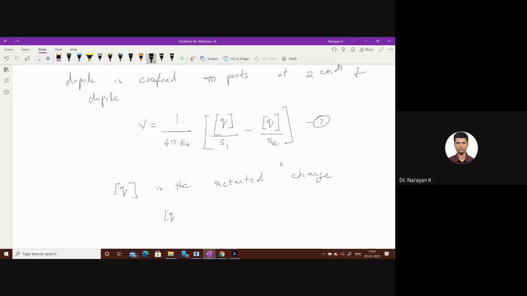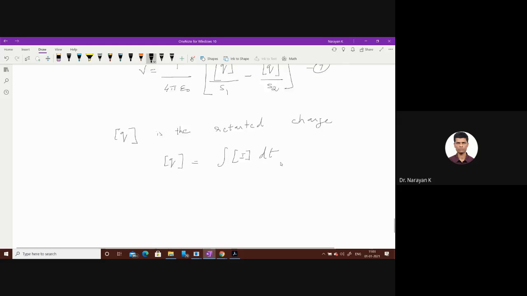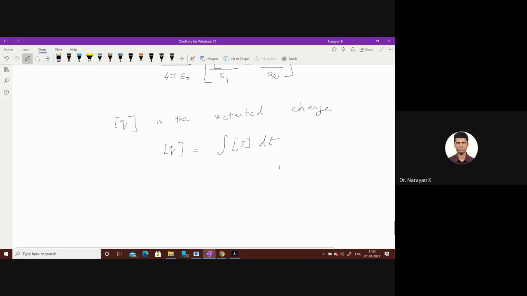So your retarded charge q can be written as integration of retarded current I dt. If it is only q, it will be integration of I dt. Since it is retarded charge q, it will be integration of the retarded I dt. So this can be written as I naught e raised to the power j omega t minus s by c.